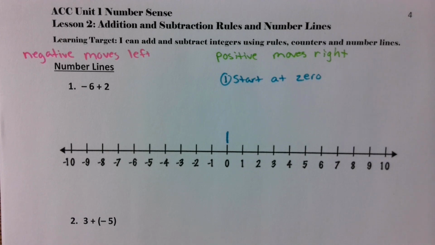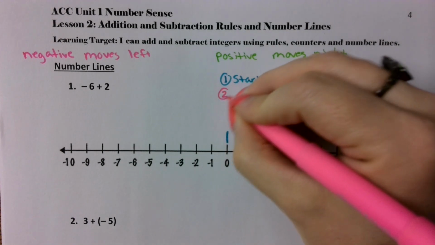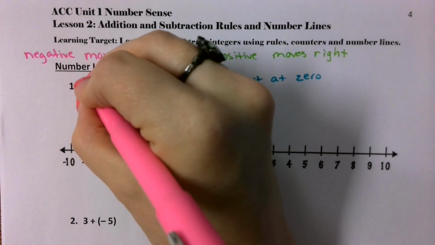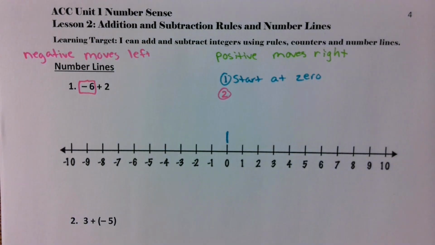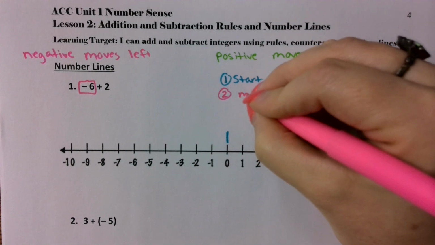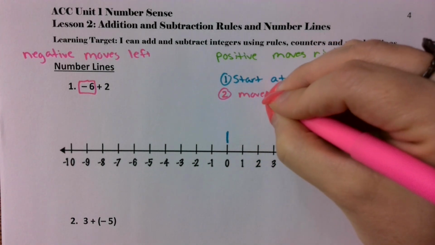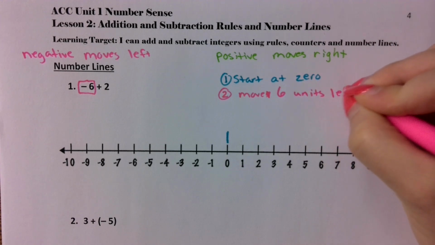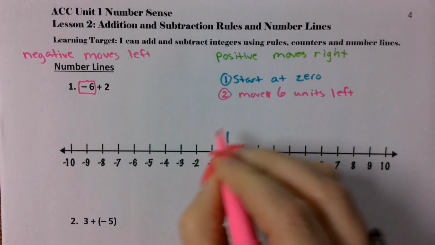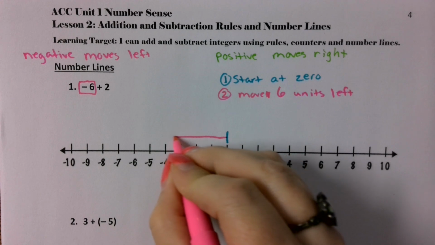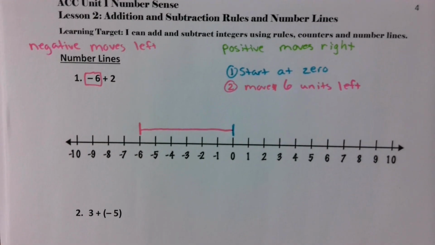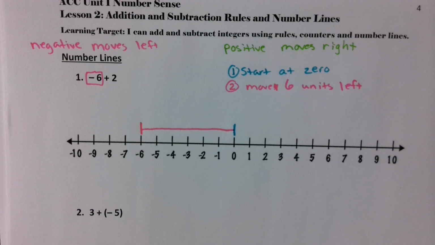From there, I'm going to move in the direction of whatever my first term indicates. My first term here happens to be a negative 6. So I'm going to move 6 units to the left, which ends me at negative 6. Makes sense. My first term was negative 6.